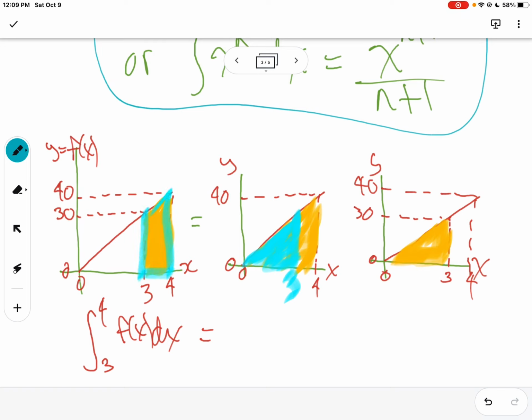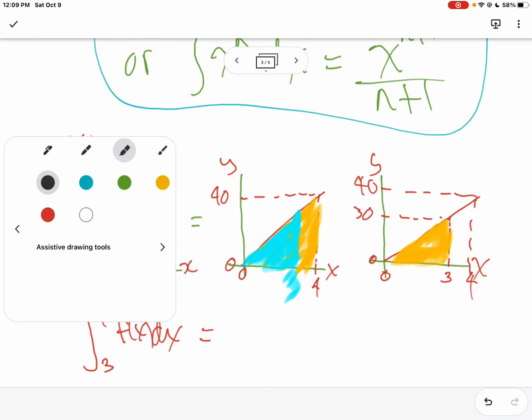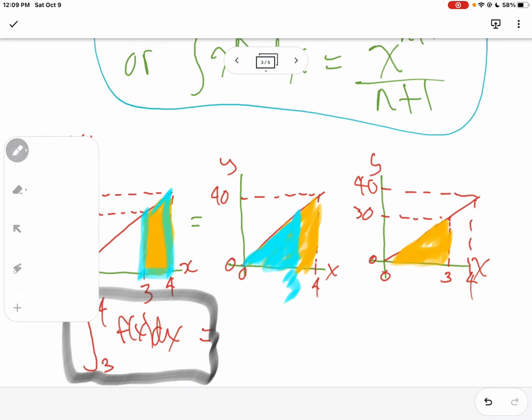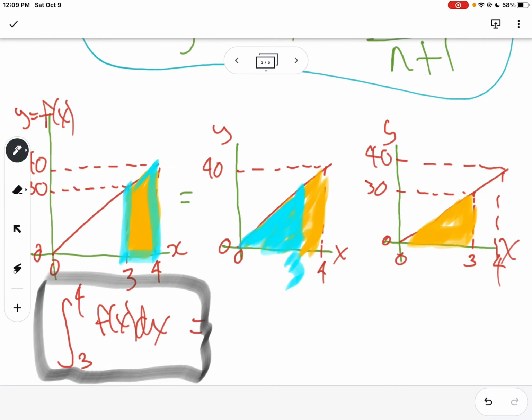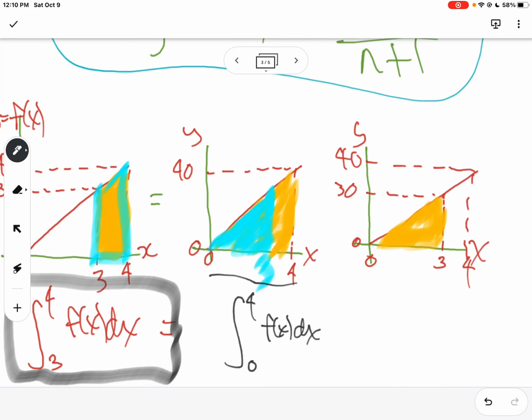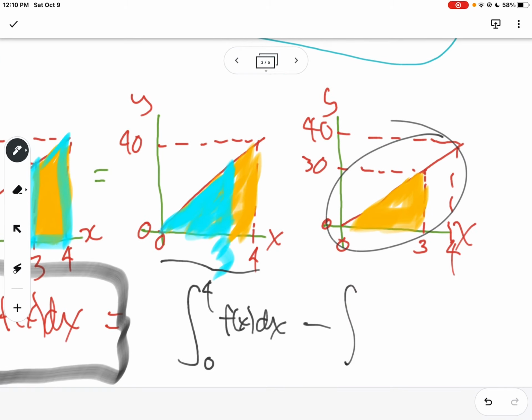So let's see what that looks like in integral symbols. This says here, get the area from 3 to 4. Now let's write this one. This right here is equal to the area from 0 to 4, the integral of f of x dx. That's that area, minus this area, which is the integral from 0 to 3 of f of x dx.